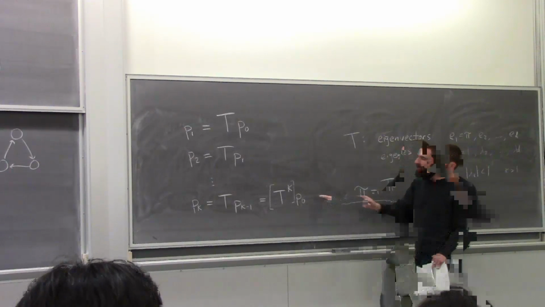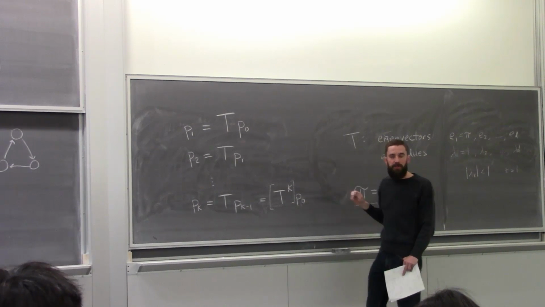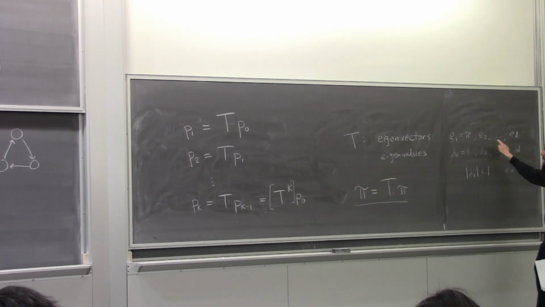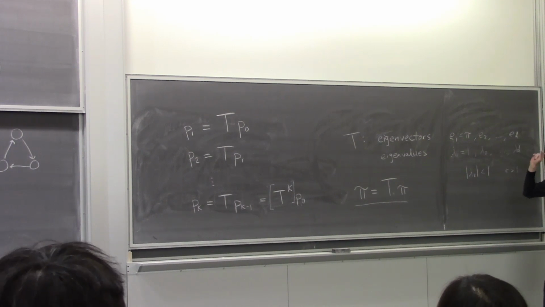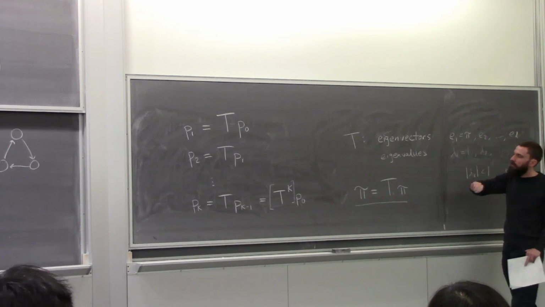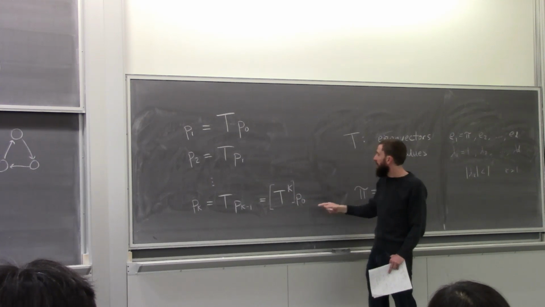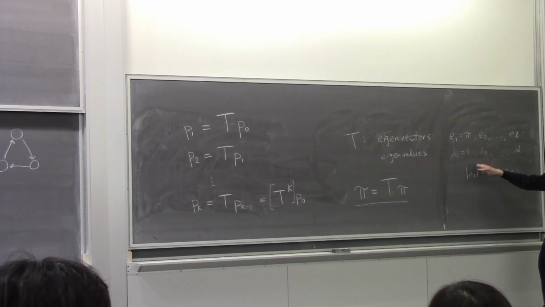So if you think about it, I can decompose P0 as an eigendecomposition. This is a basis for my probability space. I can decompose P0 as a sum of these eigenvectors with some scale factor. And if I take it to the kth power, then each time I do this, it's going to shrink each of these components 2 through d, because they are weighted by eigenvalues taken to a power, and each time I take this to a higher power, it's multiplying a number less than 1 over and over again.